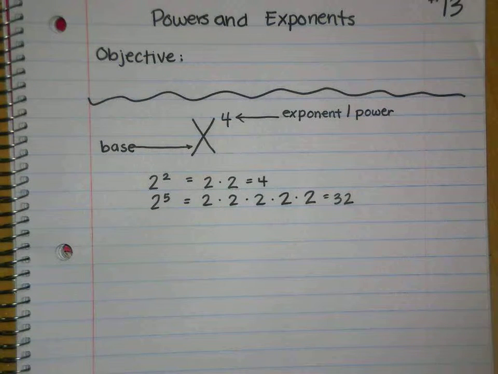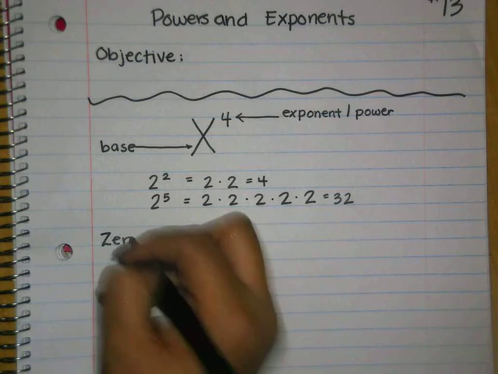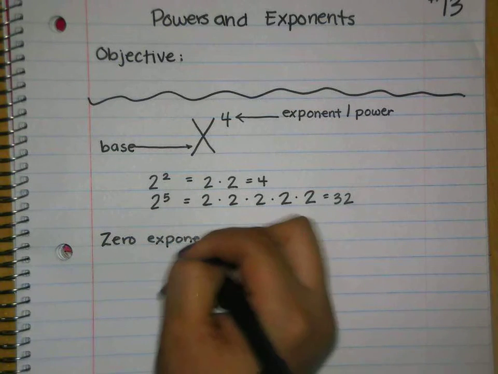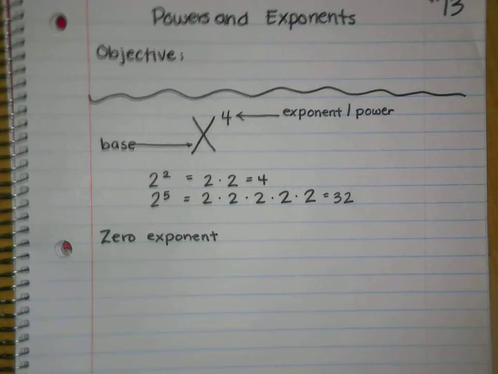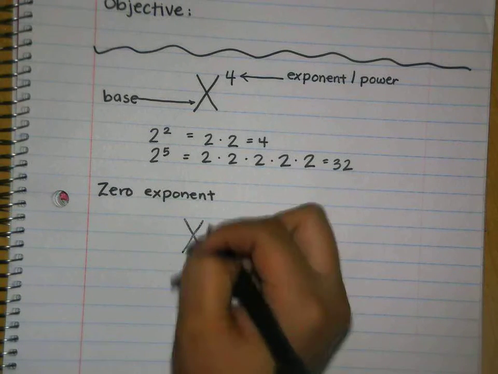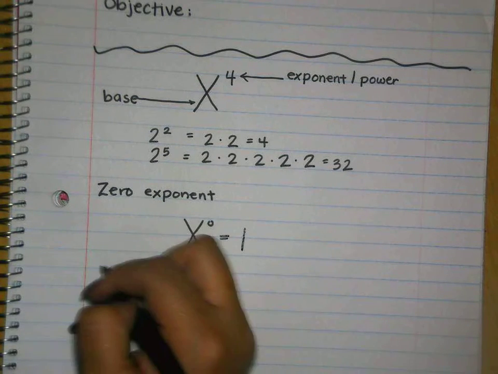Okay, so there's another really important one we want to talk about. It's called the 0 power. Anything raised to a 0 exponent has a special magical power. If we have any x and it's raised to the 0 power, it's going to be equal to 1.